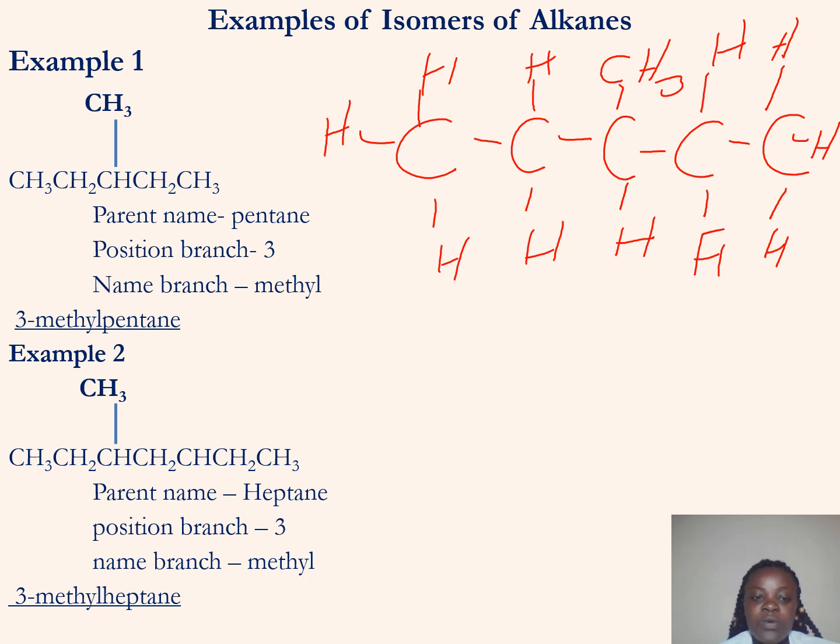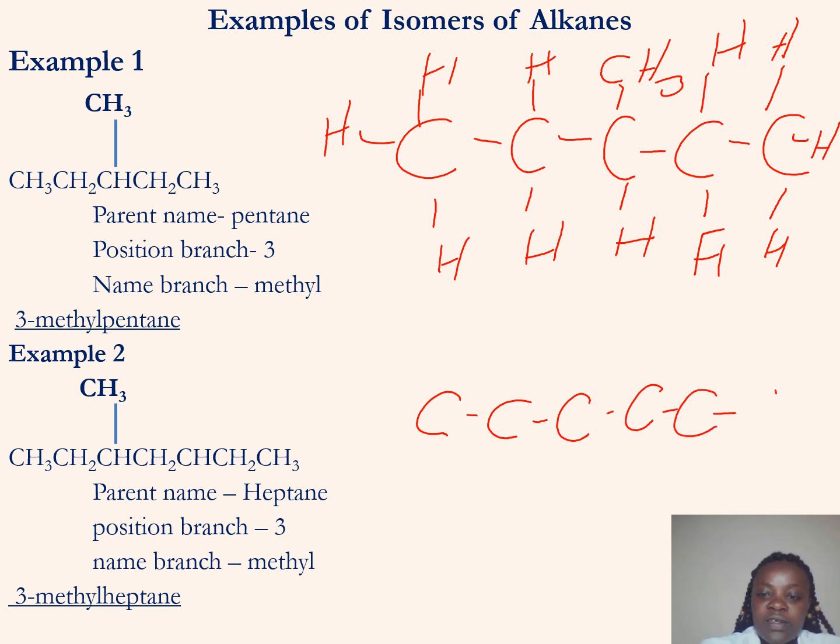That is how we come up with that name. We look at example number 2. So we have how many carbon atoms? 1, 2, 3, 4, 5, 6, 7. So we have 7 carbon atoms. So let us open this structure. 1, 2, 3, 4, 5, 6, 7. So 7 carbon atoms. The first one has 3 hydrogen atoms.